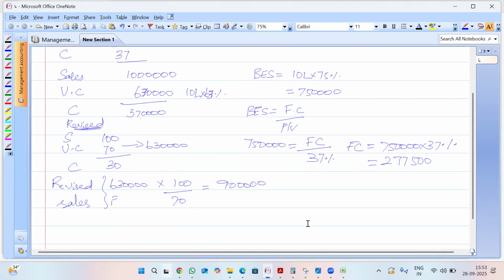So now revised margin of safety is 40%, right? Sorry, my margin of safety is my actual sales minus break-even sales. So my actual sales at this level is 100 percentage. So my break-even will be 60 percentage. Then only I will be getting 40 percentage of margin of safety, right? So this is my break-even sales percentage.